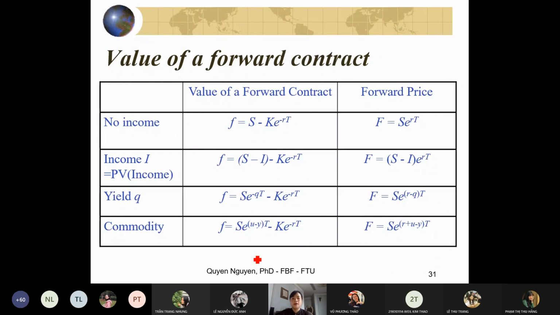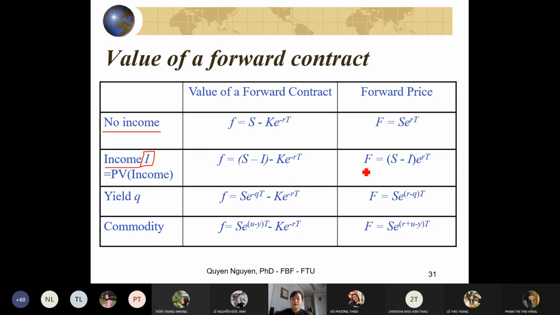So to wrap up, we would have the value of the forward contract and the forward price. The forward price would be valued in each situation where we have no income. When we have income I as the notation, it would be the present value of all the income that will be received during the holding period or during the maturity of the contract.